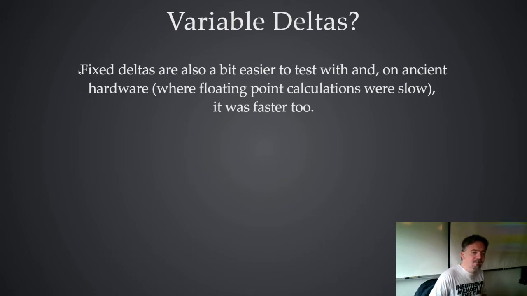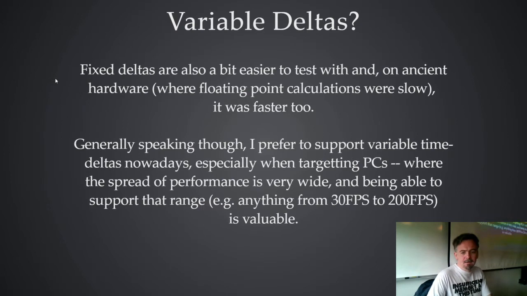So fixed deltas have these advantages of simplicity, but they have this downside that if they go wrong, it goes wrong in this horrible way that causes slowdown effects. Nevertheless, I do prefer to support variable deltas where possible because of the flexibility. Especially if you're on a PC, there's still quite a wide range of PC specs around.